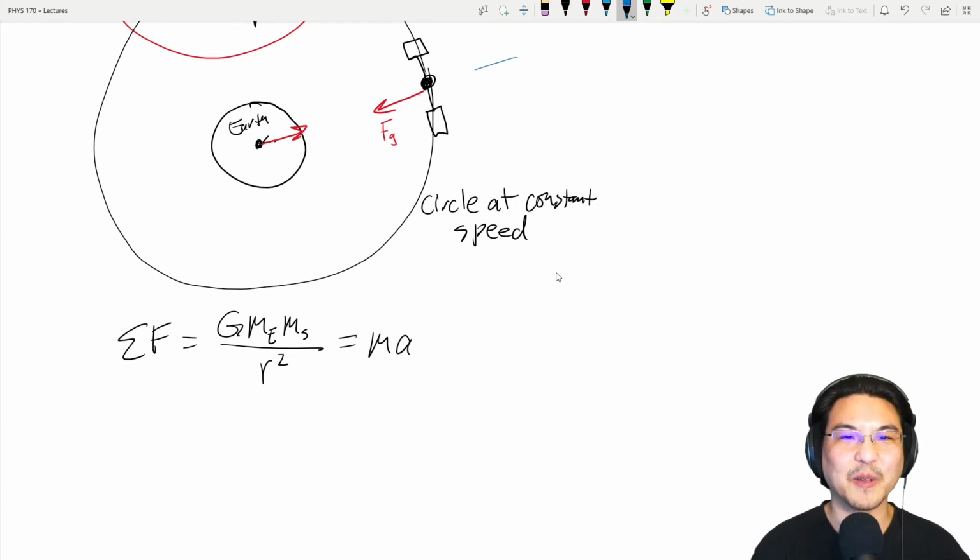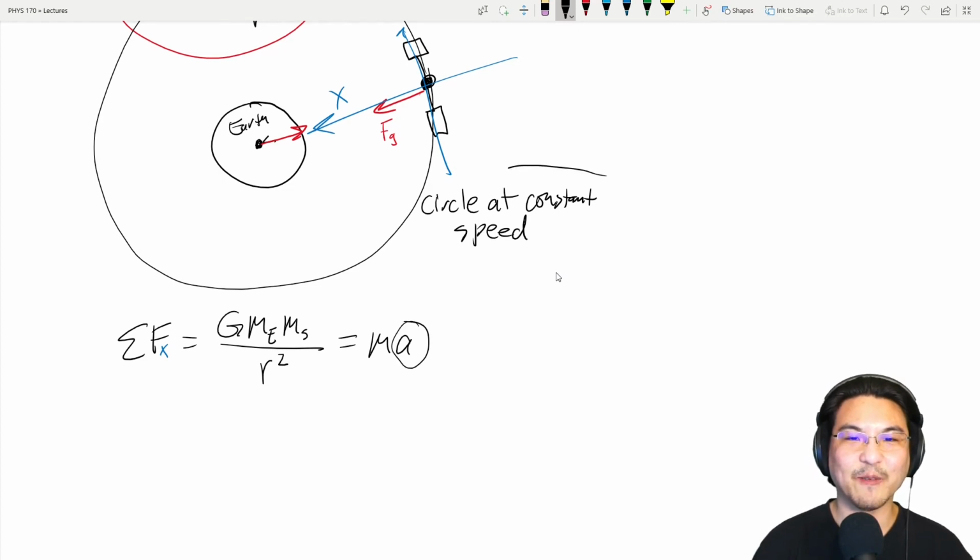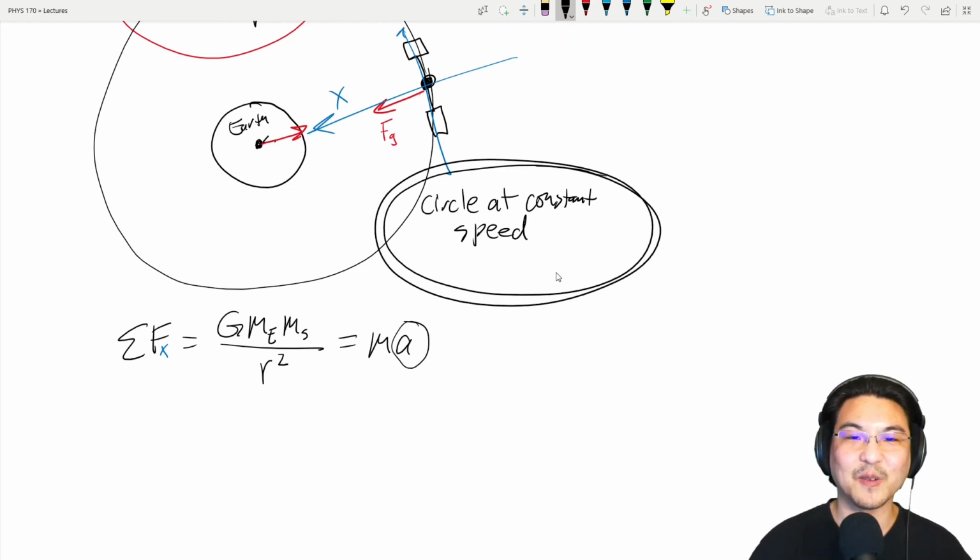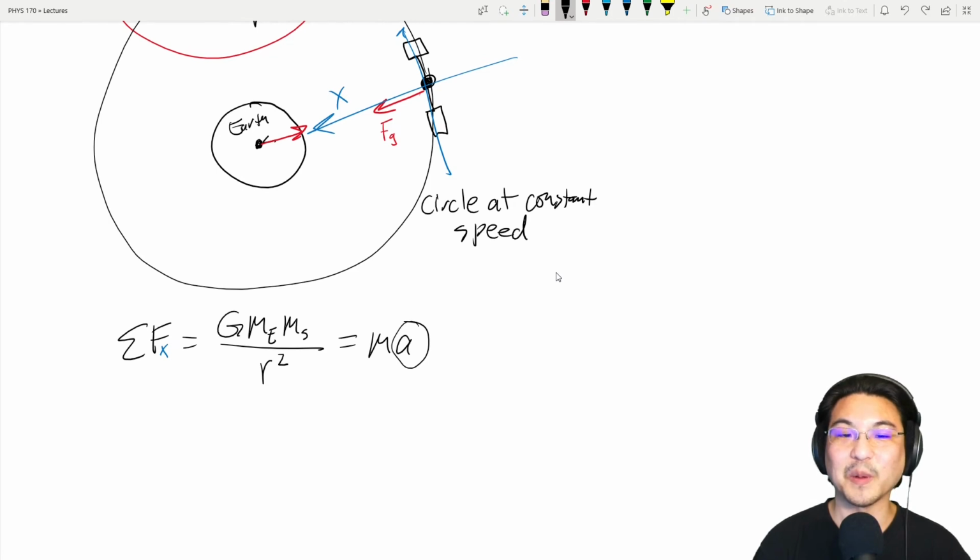I didn't draw my free body diagram, so let's draw it like this. Let's say that's x. If it's moving at a constant speed in a circle, this acceleration would be centripetal, v squared over r.